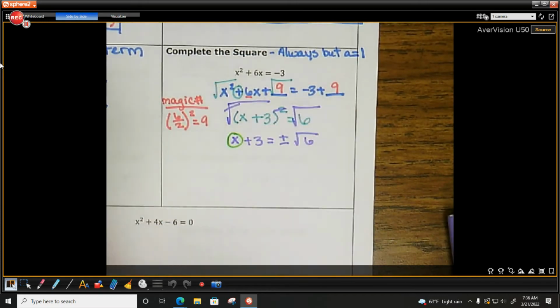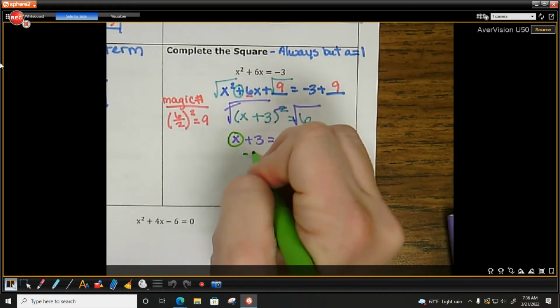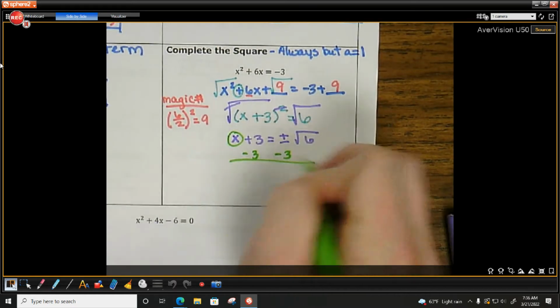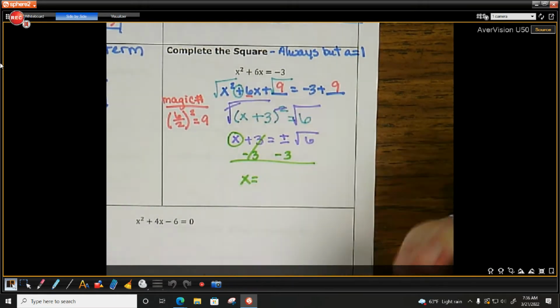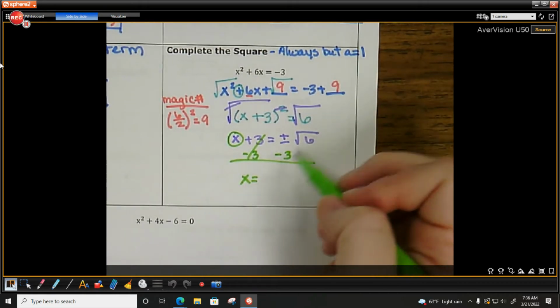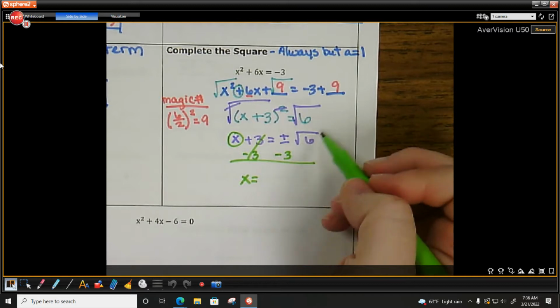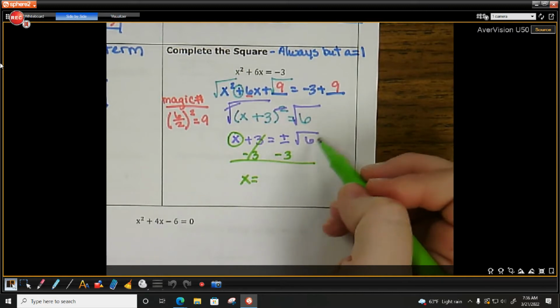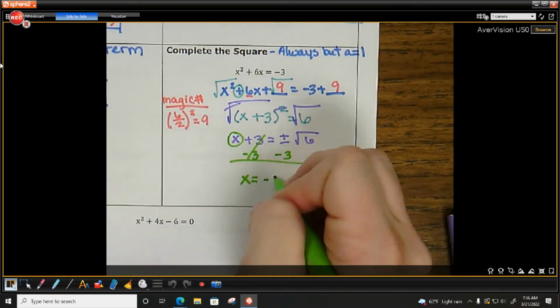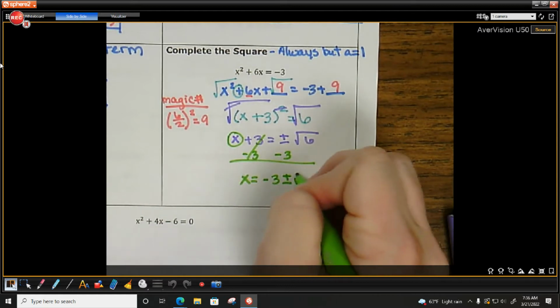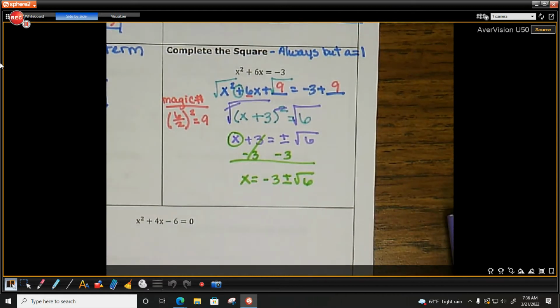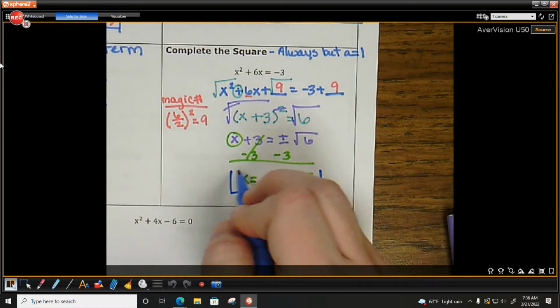What are we going to do to get x alone? Subtract 3. So I get x equals, can I actually combine these two? No, because the negative 3 is a whole number, the 6 is under the radical. So negative 3 plus minus the square root of 6. There we go.